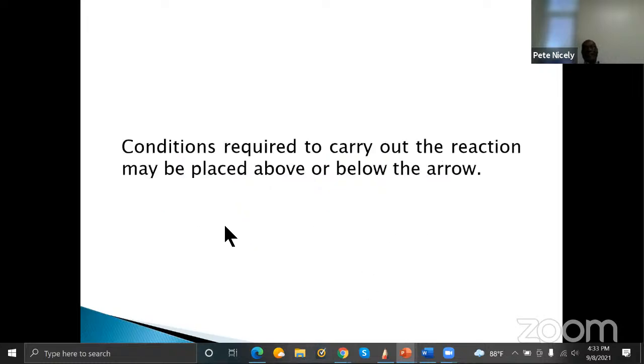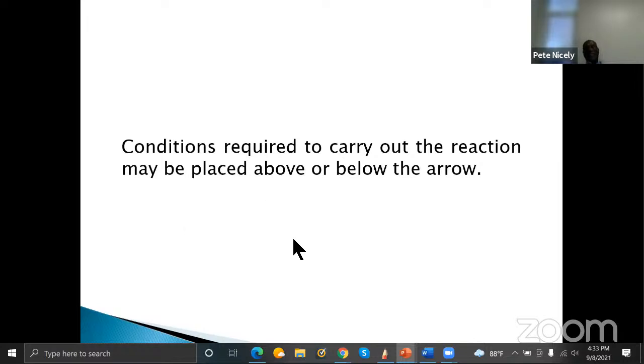We're going to talk more about that later on, but before we do that, there are some other things I need to get into with respect to the type of symbols that are used in writing chemical equations. In some cases, some information could be given about the conditions under which a reaction is taking place.